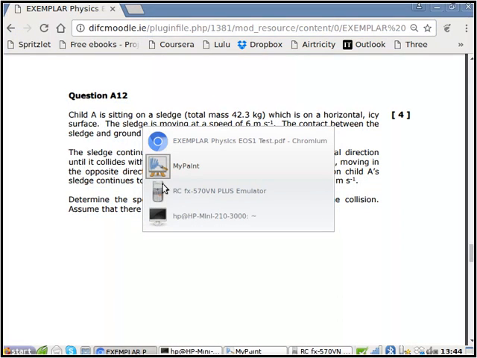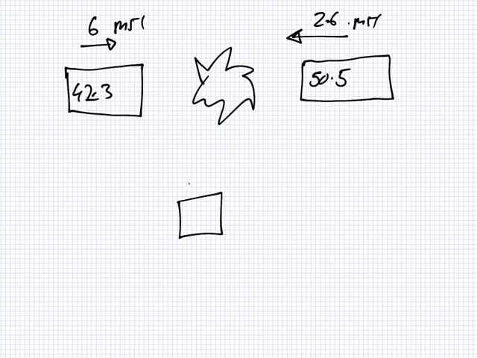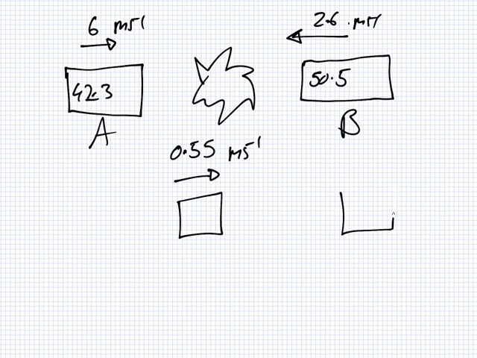After the collision, child A continues to move in its original direction at a speed of 0.55 backwards. So child B will also be moving to the right because it didn't pass through A. And it must be moving faster than 0.55, otherwise another collision would happen. So we're looking for the V here. All I know is I'm expecting a number bigger than 0.55.